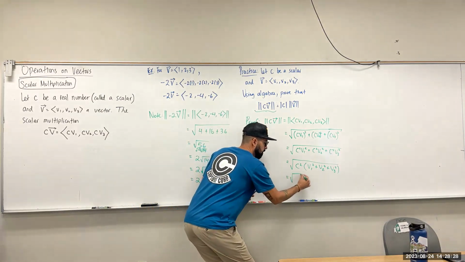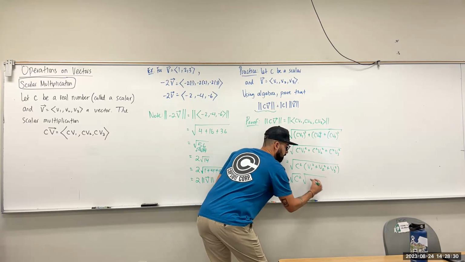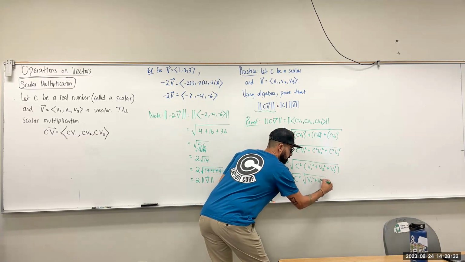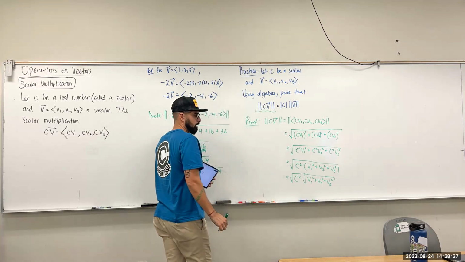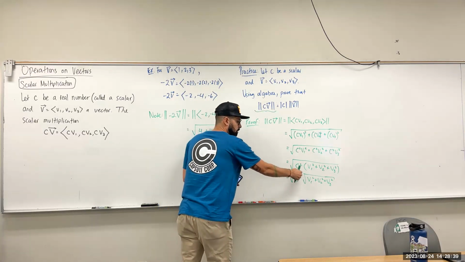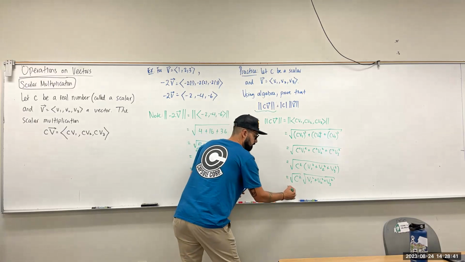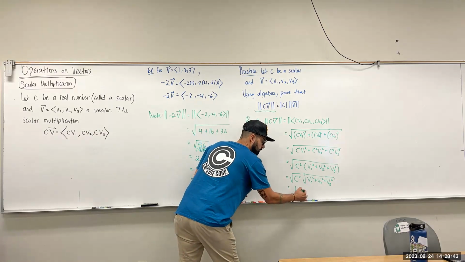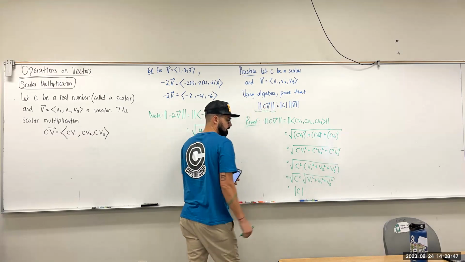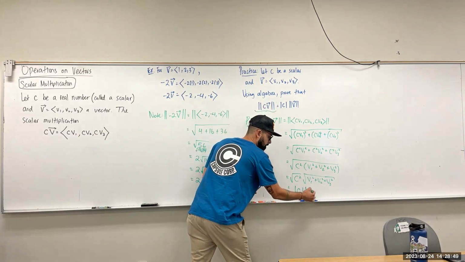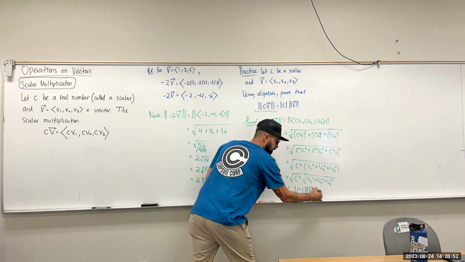So you did the square root of this guy, and then now you split it up with the square root of this one. And then from algebra, what's the square root of a variable squared? Absolute value of it. And then this, by definition, should be the magnitude of V. There we go.